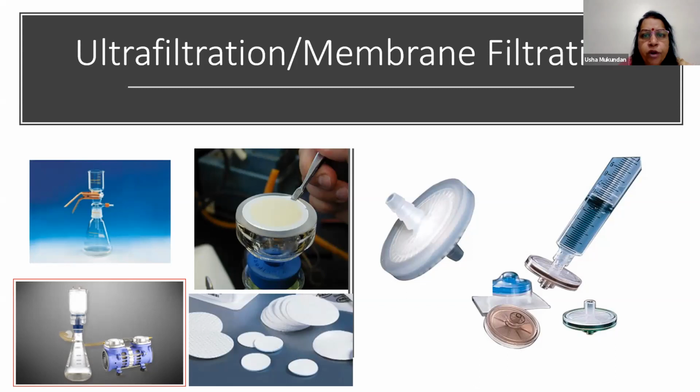With this small pore size, obviously, when you are trying to get a pyrogen-free medium, you want to get rid of all particulate matter which are larger than that. So as a result, you will require a pressure. Here what is shown is a vacuum pump. When you are applying vacuum, the medium will be filter sterilized.